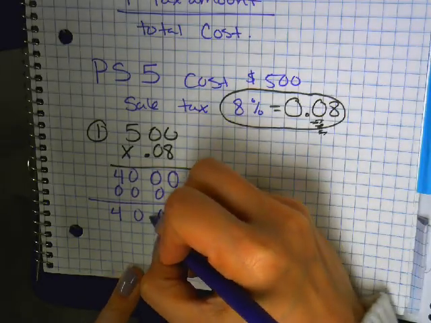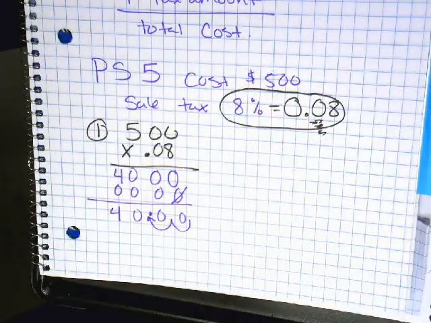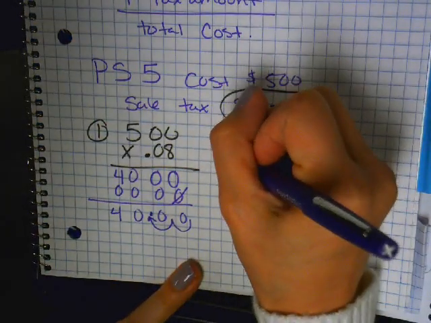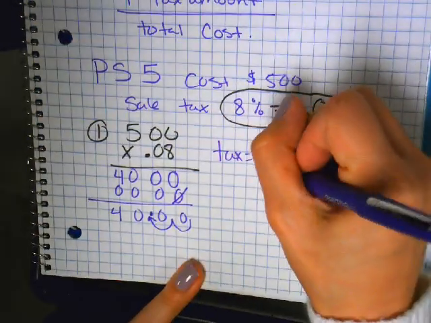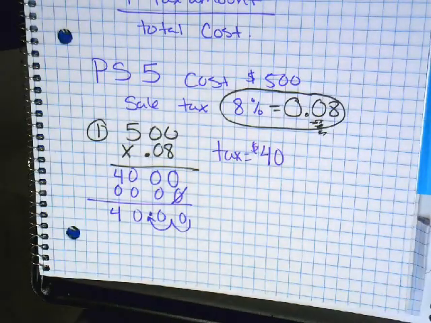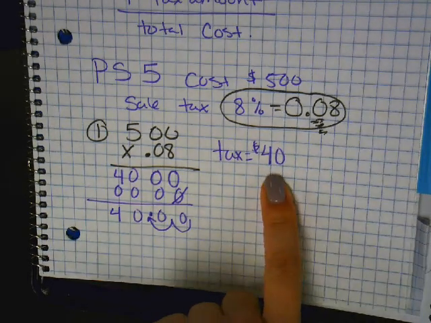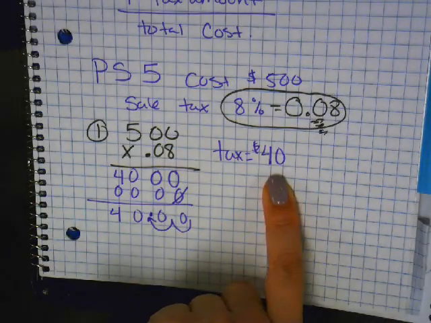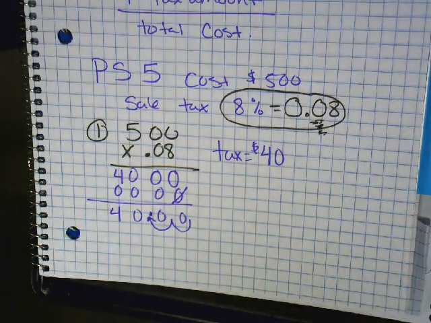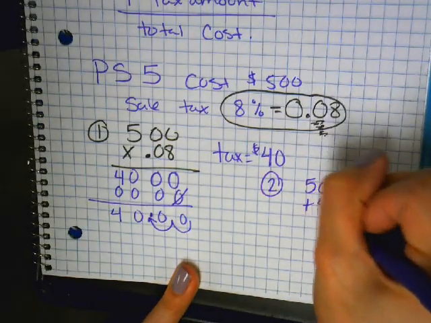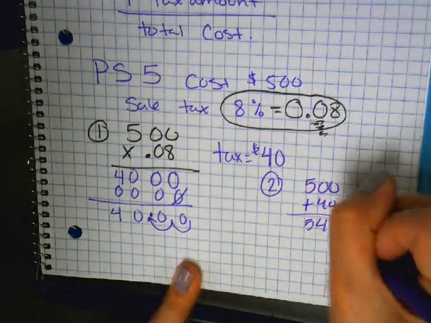If you move it once, then you're giving me an 80% sales tax. No. So how much tax are you going to pay in Costa Mesa? About $40. And this is true. If you go right now, today, and you buy a PlayStation in Costa Mesa, you're paying about $40 just in taxes. Number 2. 500 plus 40 would give you 540, so that's your total.